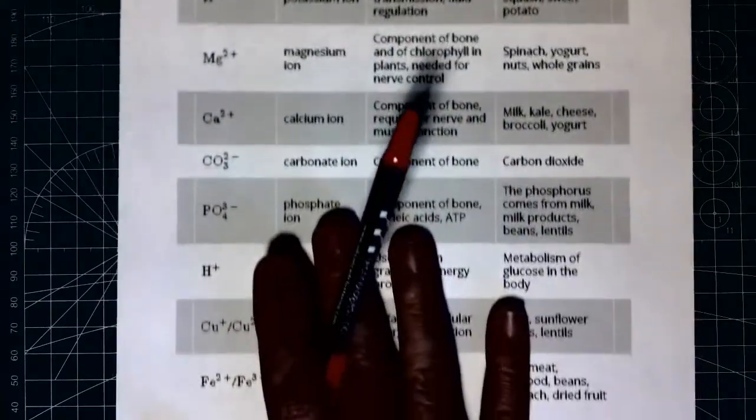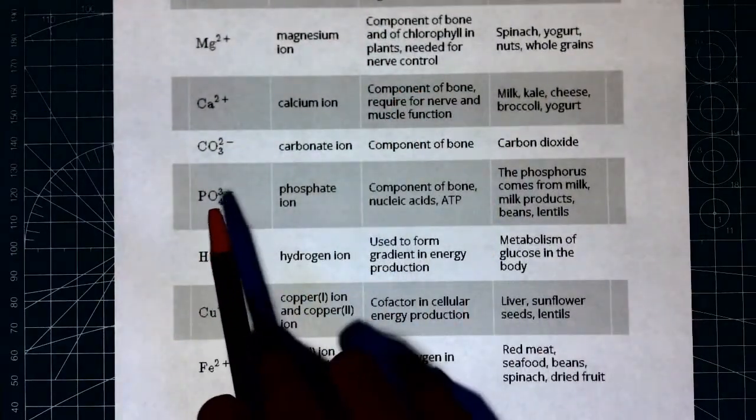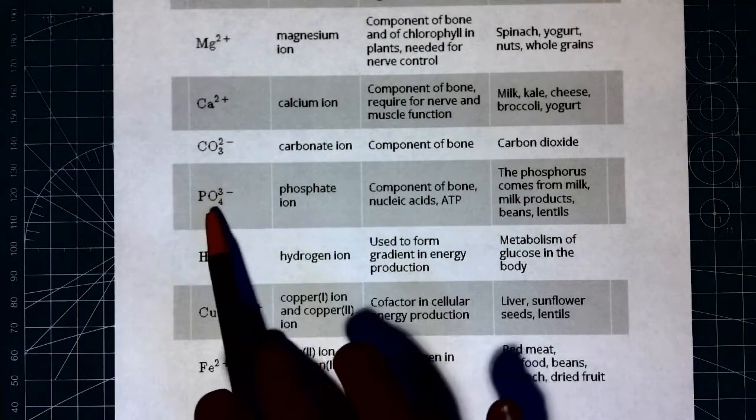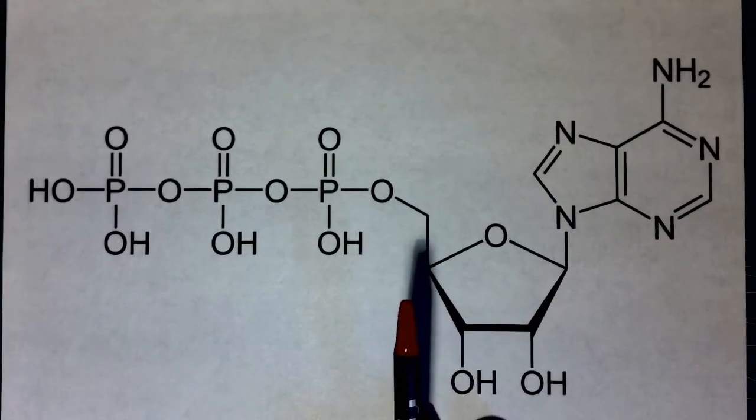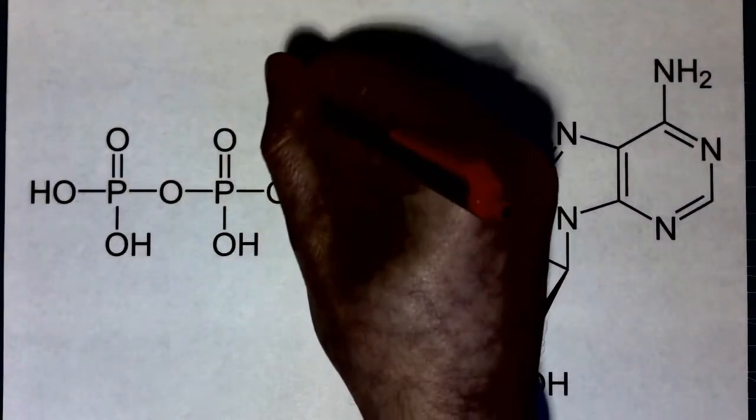One thing I do want to elaborate on a little bit now, though, is this PO4, these phosphate ions. So this here is what they call ATP.